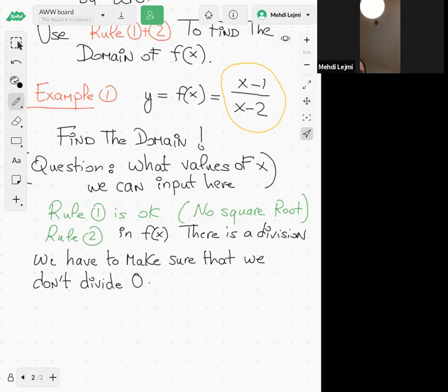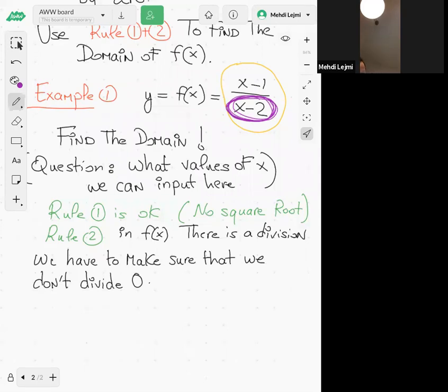Okay, we don't divide by 0. So now the question is, what's the denominator here? We are dividing by not just x. We are dividing by, so the denominator here is x minus 2, right? So I'm dividing by x minus 2. So I have to make sure that x minus 2 is not 0.